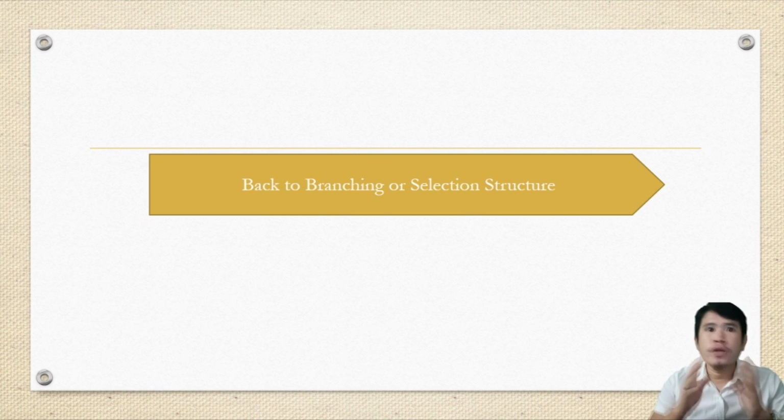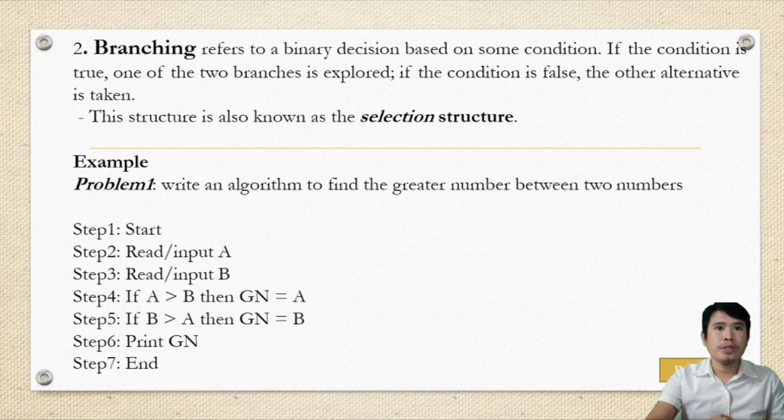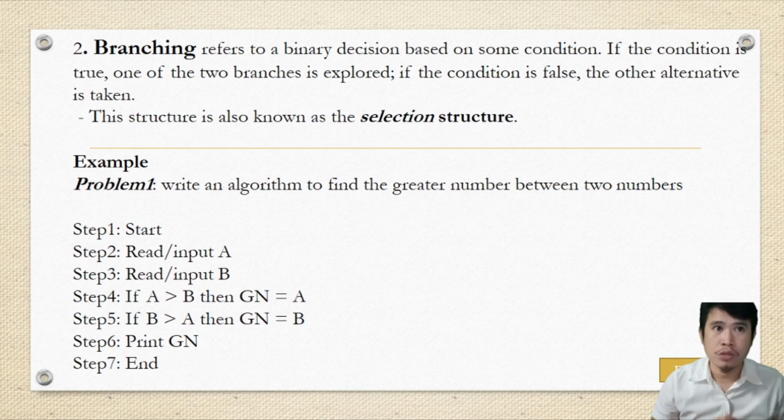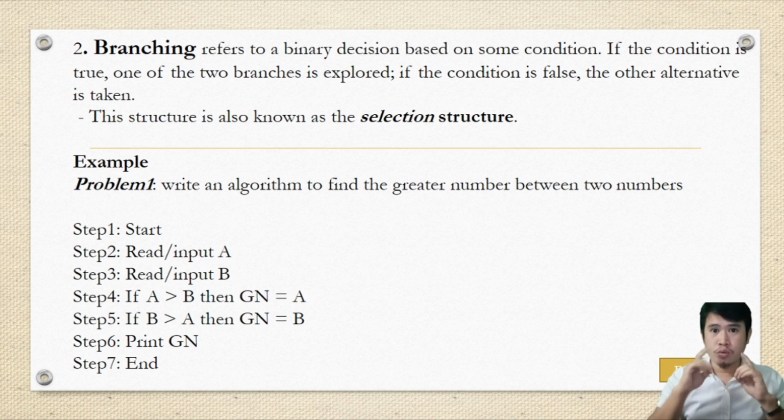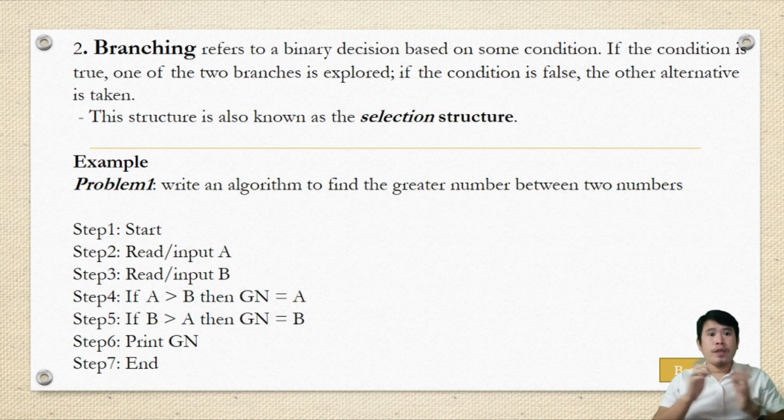Okay, so first we have to define what branching is. Branching refers to a binary decision based on some condition. So when we say binary, it only has two options, which can be 1 or 0, or true or false, or yes or no. If the condition is true, one of the two branches is explored.